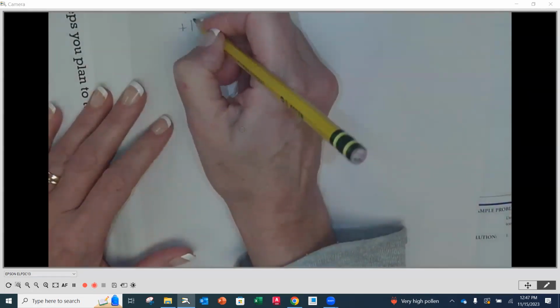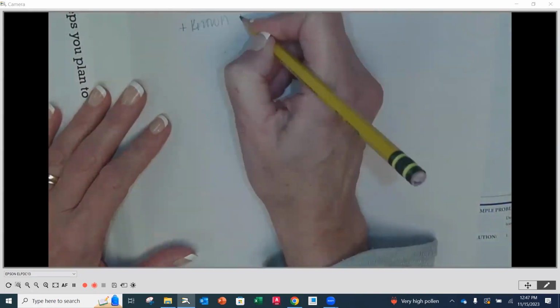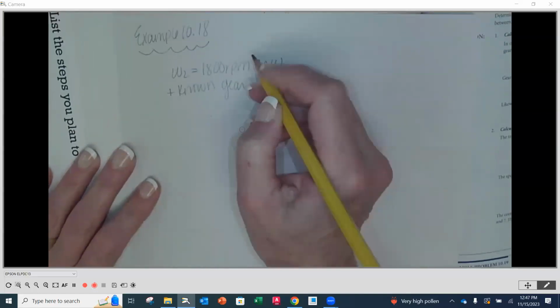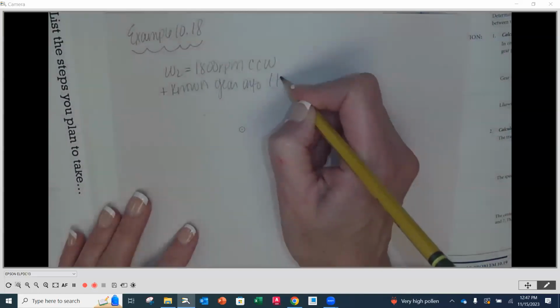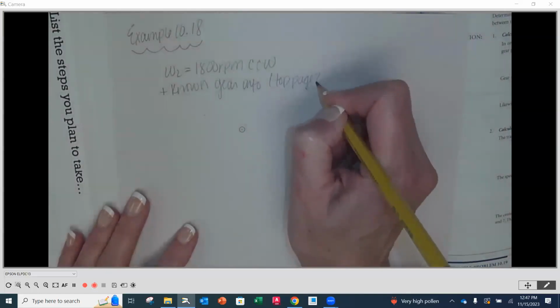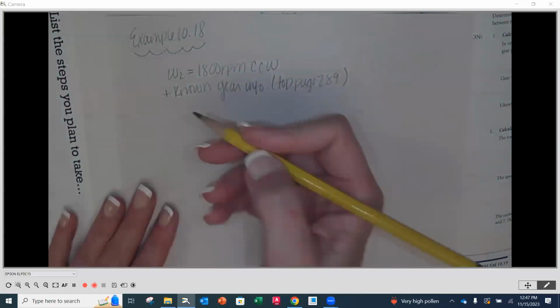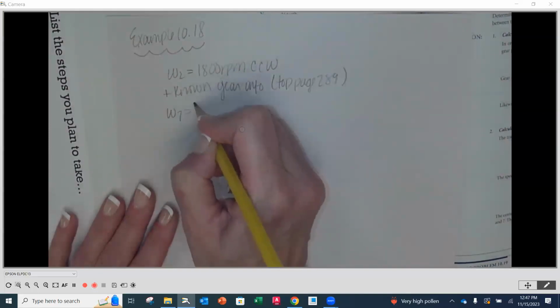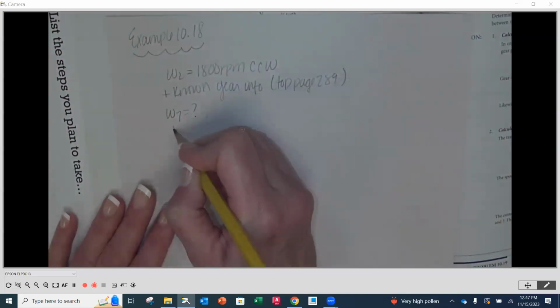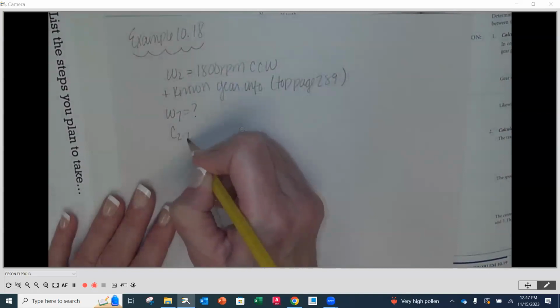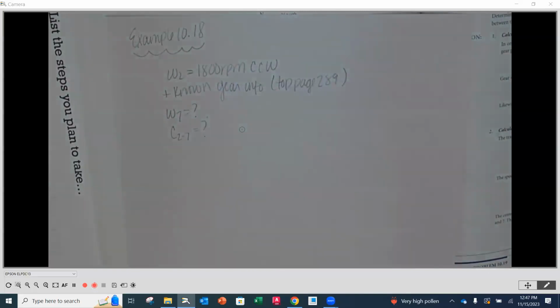So we've got some other knowns: gear info, and that's at the top of page 289. And then what we want to find is we need to find what W7 is, and we need to find what the center distance from 2 to 7 is.